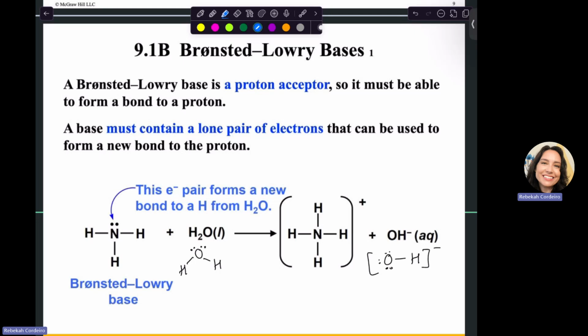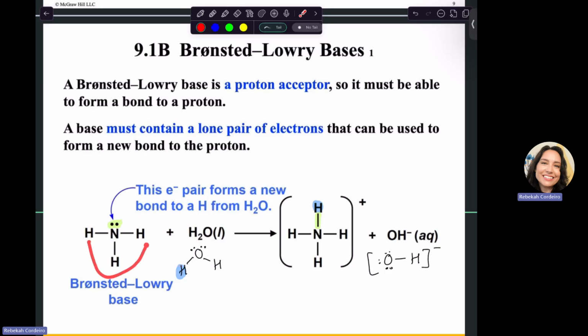So this H is getting donated and it's being picked up by these green electrons. So the green electrons go and grab this H from water, or the water H is donated, right?